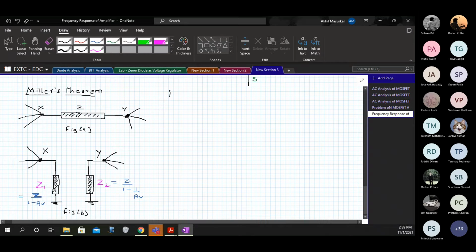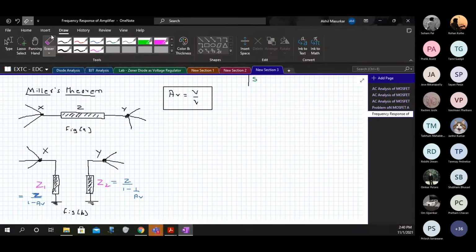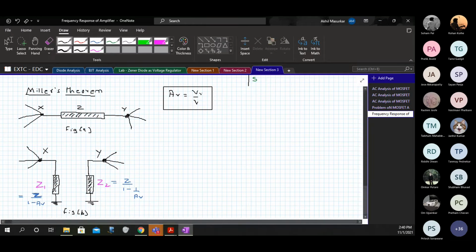Okay, so AV is Vy upon Vx, sorry, it has to be the other way, that is the output side voltage upon the input side voltage, Vy upon Vx.